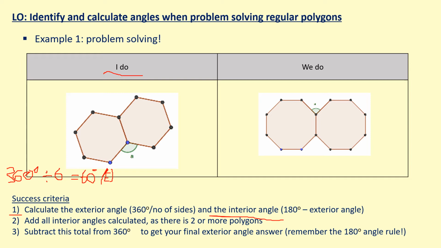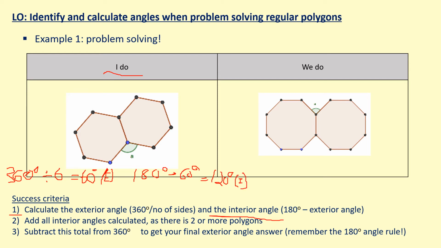Okay, so now we do 180 subtract the exterior angle, and that's going to give us our interior angle, which is going to be 120. Now we've got our interior angle in the brackets, I for interior angle.